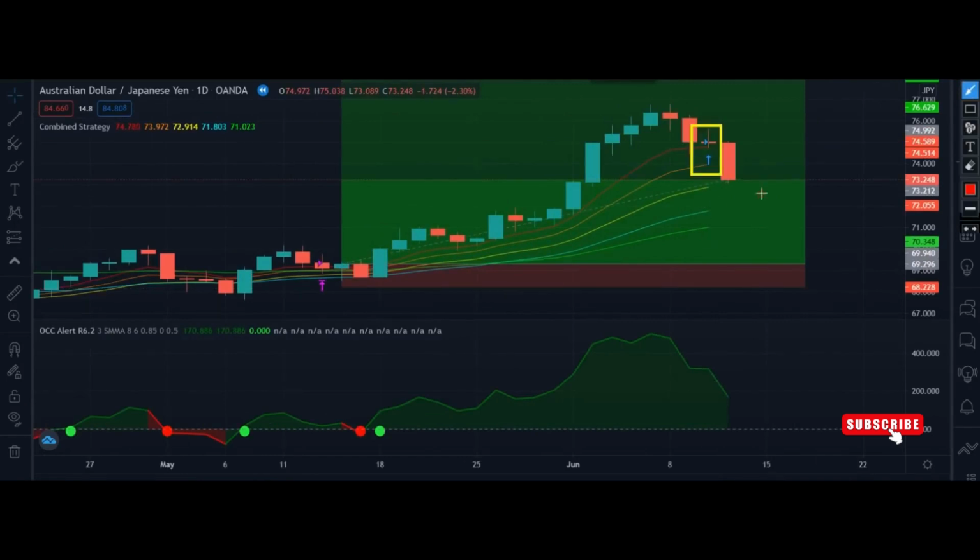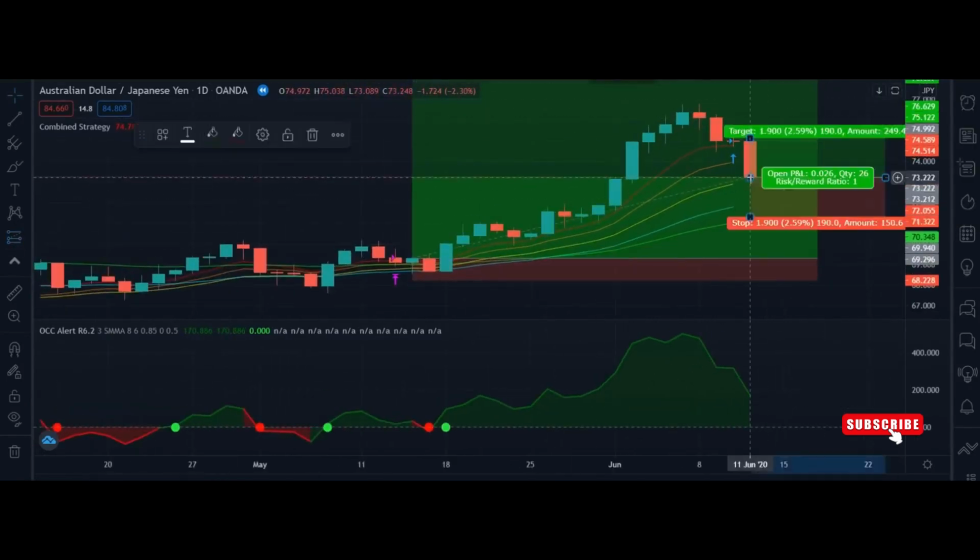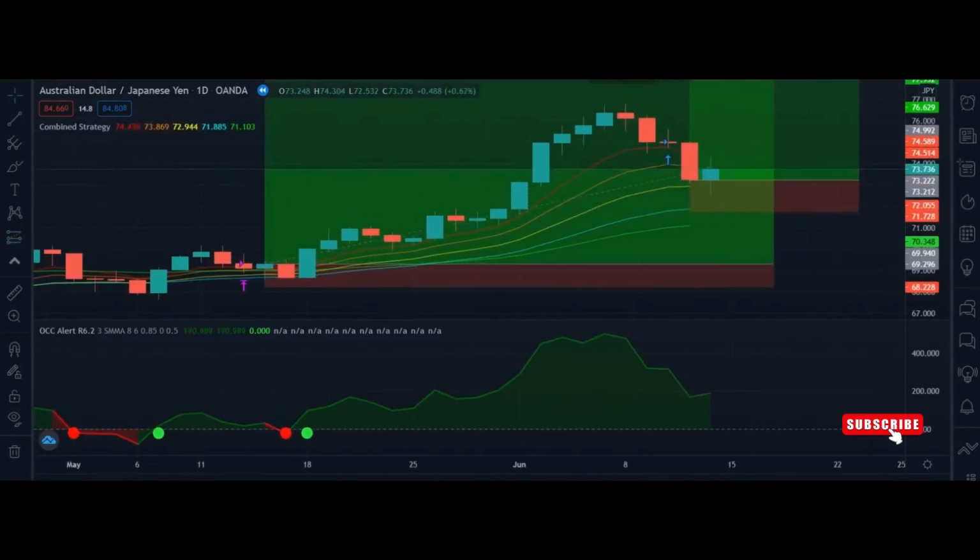You see here, we have got another buy as a signal. Here we will execute another trade.